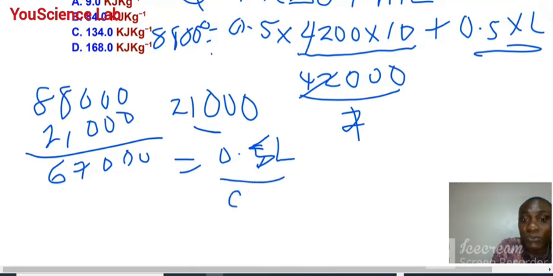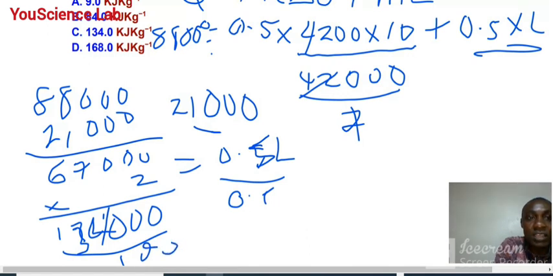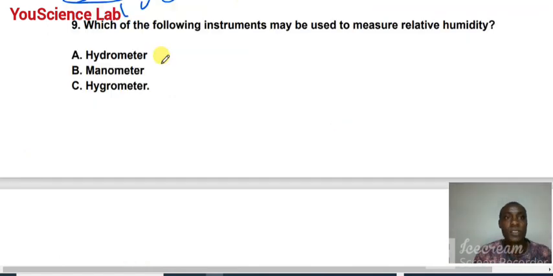Dividing by 0.5 means that I'm multiplying by 2. So I'm just multiplying this by 2. So I have 0, 0, 0, 14, carry 1, 12, 13. The result is given in kilojoules, so I divide by 1000. So that gives me what? 134 kilojoules.